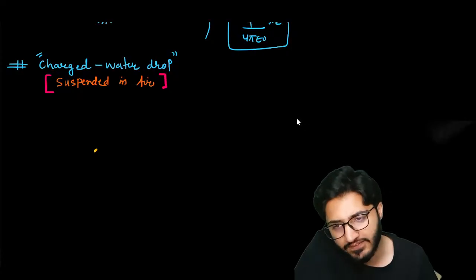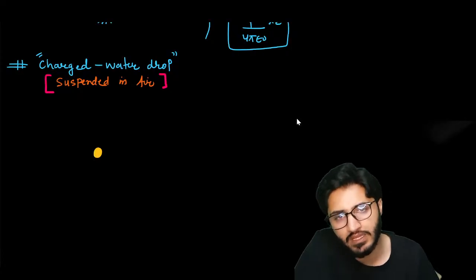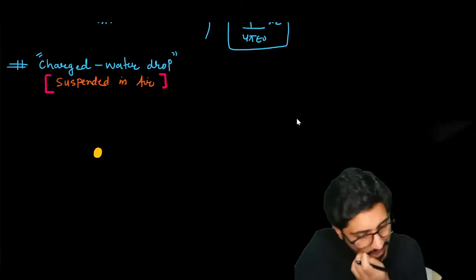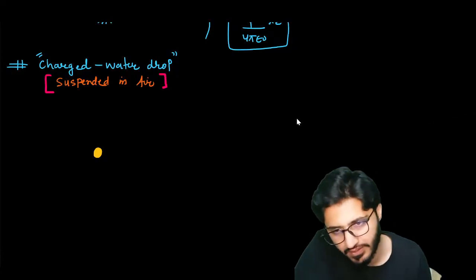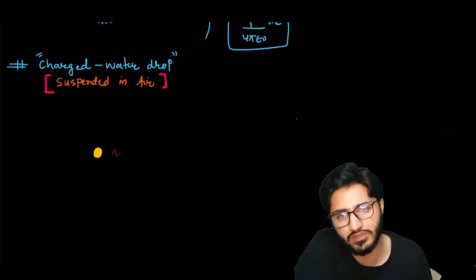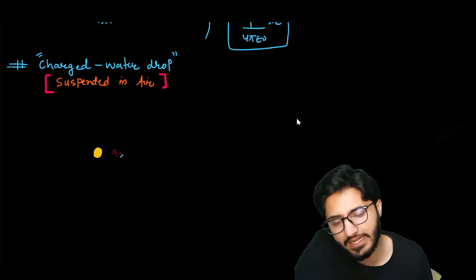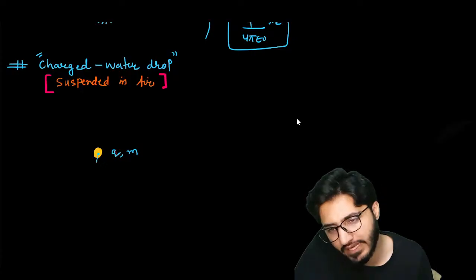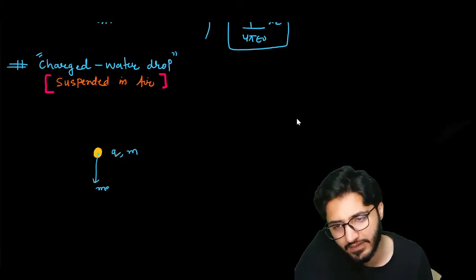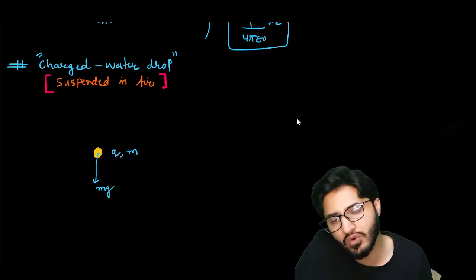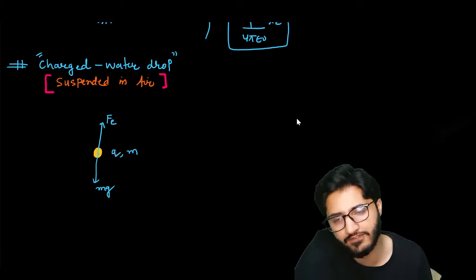Look, if this is my particle with some charge q on it. I guess this particle has some mass also. If mass is there, gravity is there, so mg is there. If I need to keep it in the air, there should be a force also, the electric force.